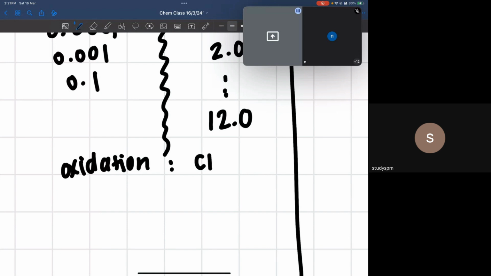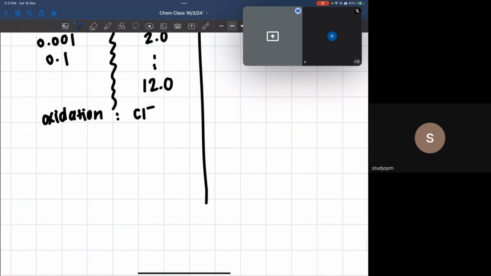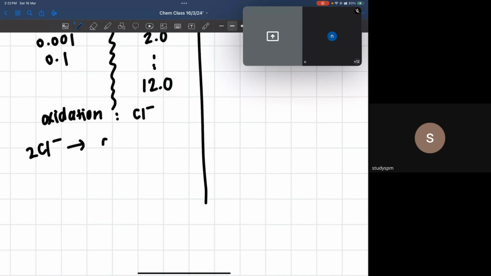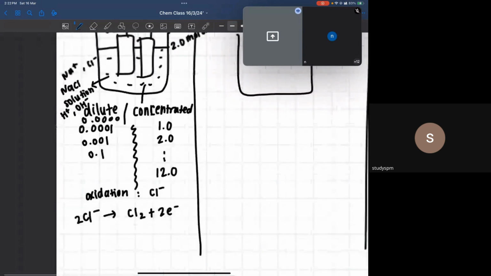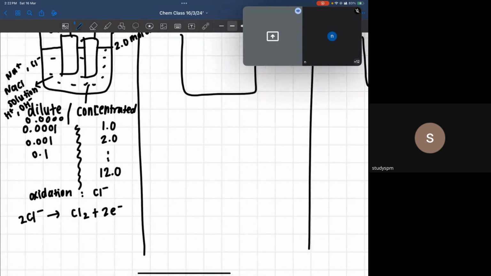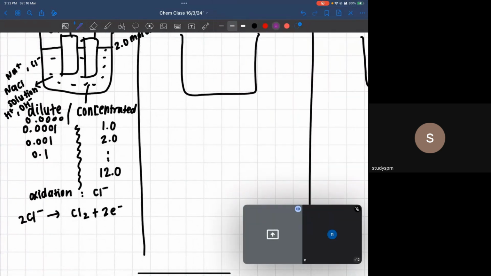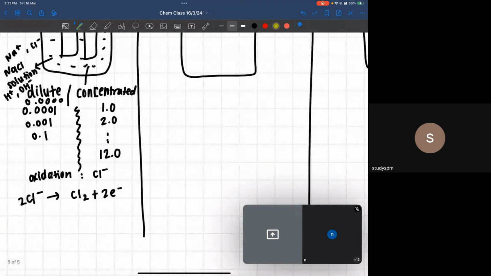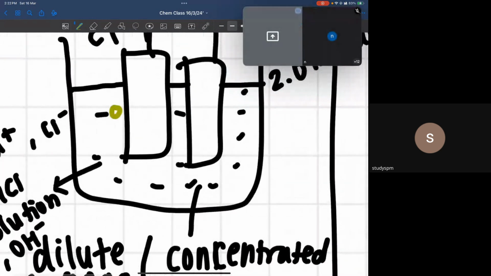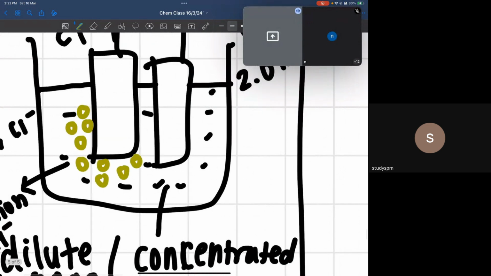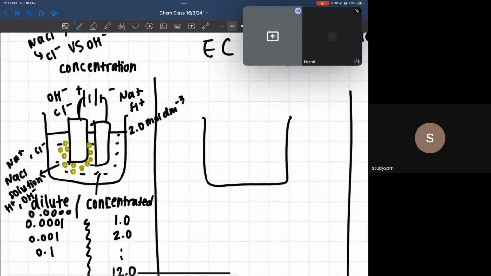You write first: chloride ion will undergo oxidation. So if they ask the observation, what's the observation? You can say greenish yellow bubbles are produced at anode if they ask the observation. Okay, this is the reason why.